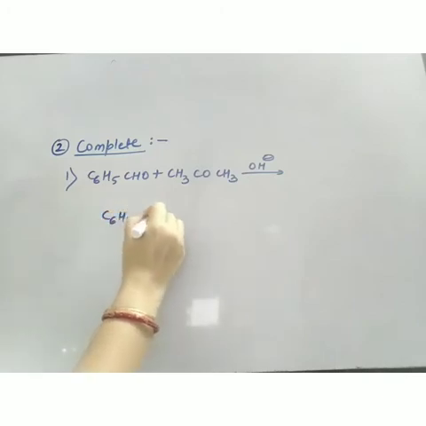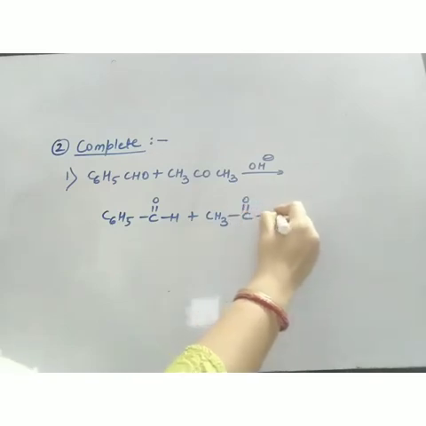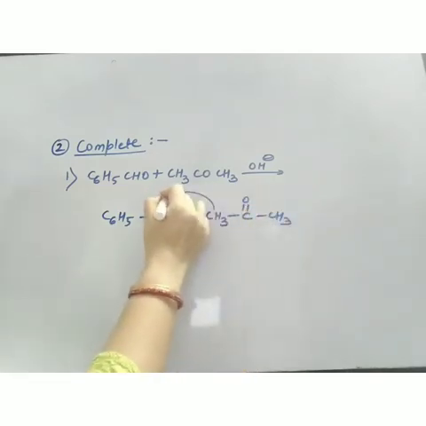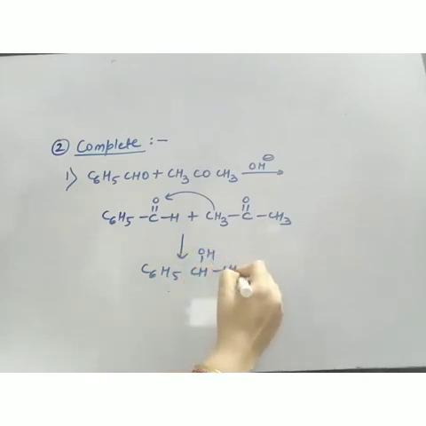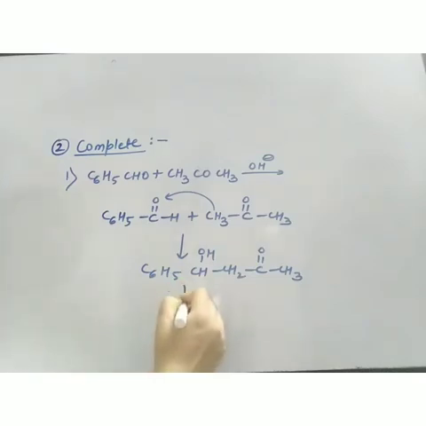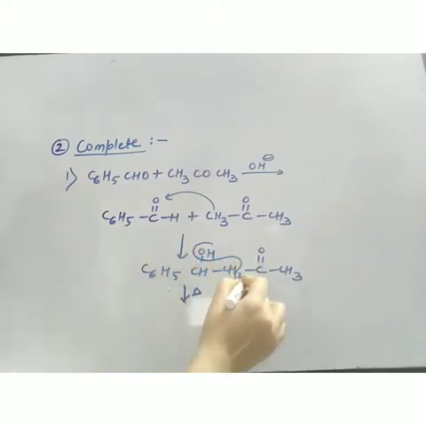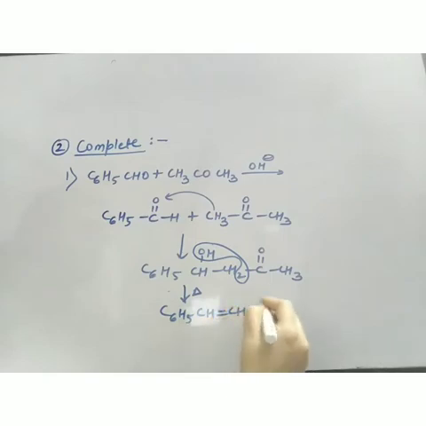I will write like this. Because the second compound has alpha hydrogen atoms, shift it like this. Now it is heated, because the final product of aldol is always an alkene, an unsaturated compound. Like this, an unsaturated ketone. So this is the answer of your first question.